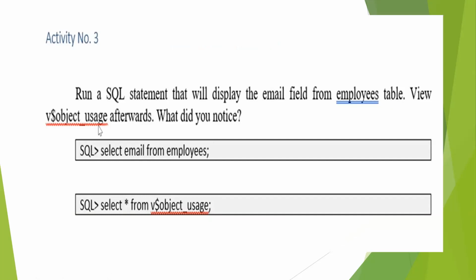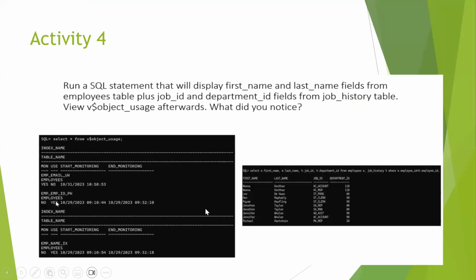Now activity number 3 says we need to run a SQL statement that will display the email field from the employees table, and then we'll see the view v dollar object usage afterwards, and we need to notice what the difference is. So first of all, we write the statement to select the email from the employees, and then we write the statement select star from v dollar object usage, and then you notice what the differences are there.